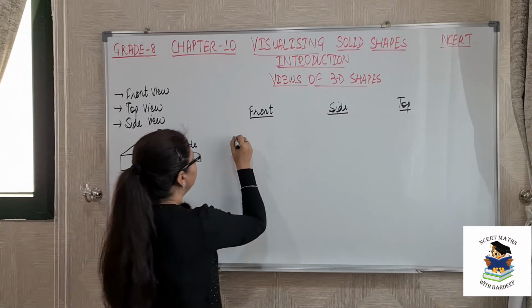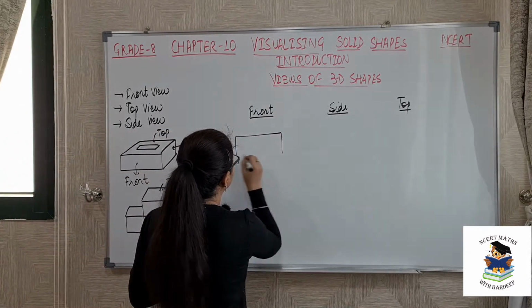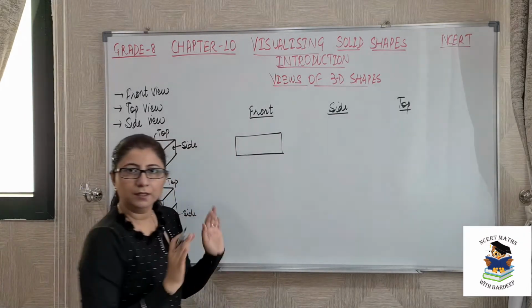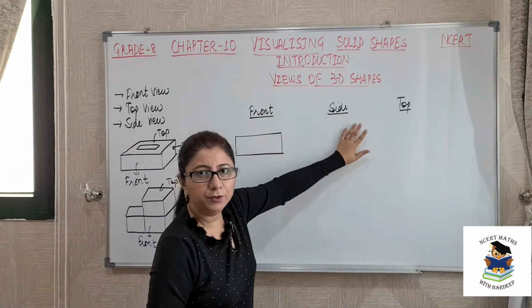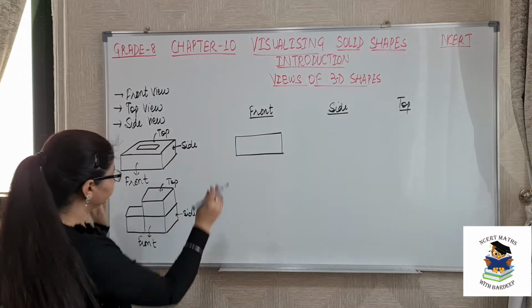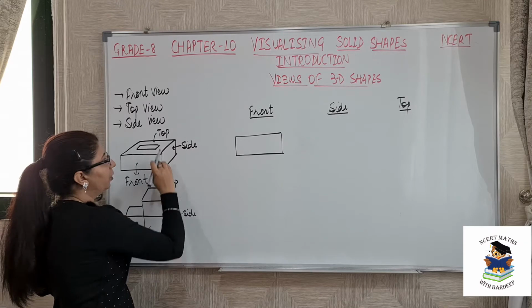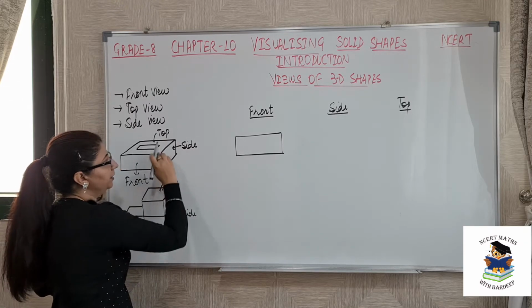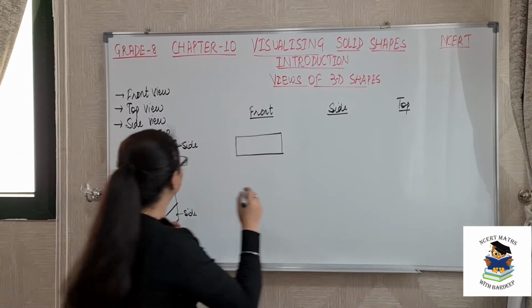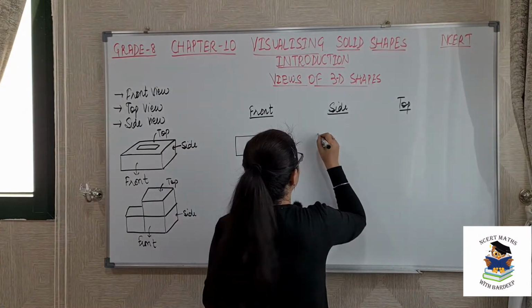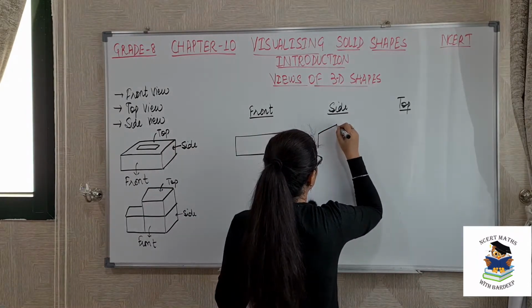So what is the front view? It will be a rectangle. Right? Next is side view. Side view, as already explained, if the user is looking from this side, for that user it will be a parallelogram. Okay, so what we will do is, the same shape you should draw something like this.